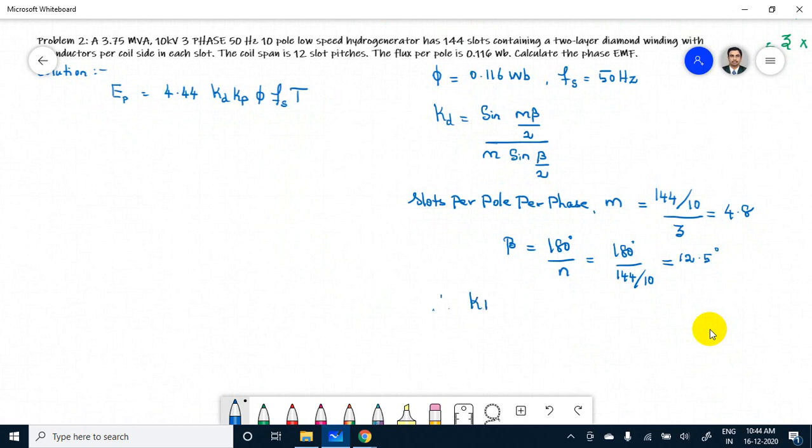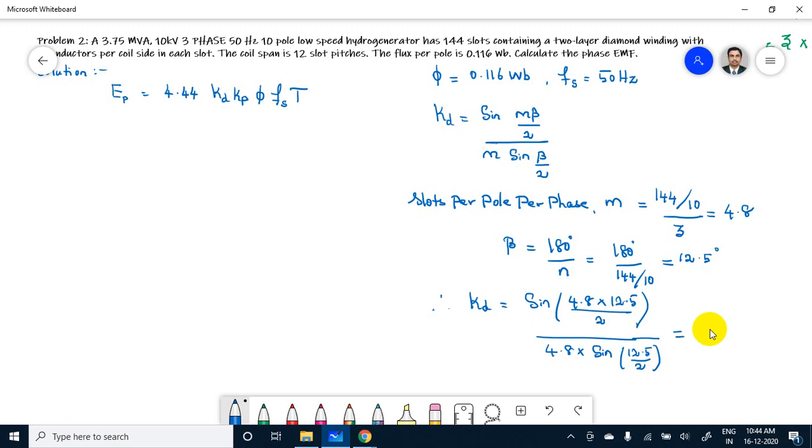Therefore, Kd equal to sine 4.8 into 12.5 divided by 2 whole divided by 4.8 into sine 12.5 divided by 2.